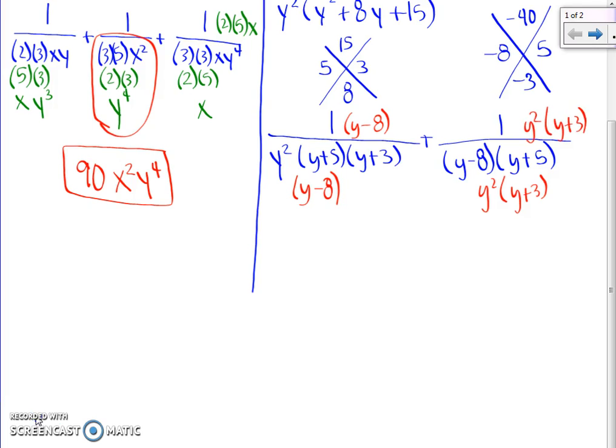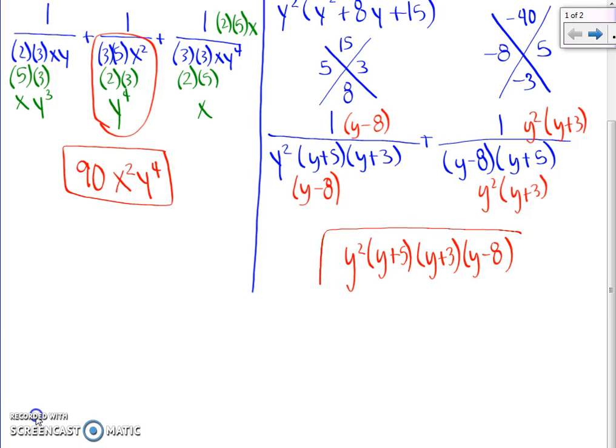Now we just have to write the common denominator. We're not going to actually multiply all these together. We're just going to write out the list. They can go in any order. That would be your answer for the common denominator.